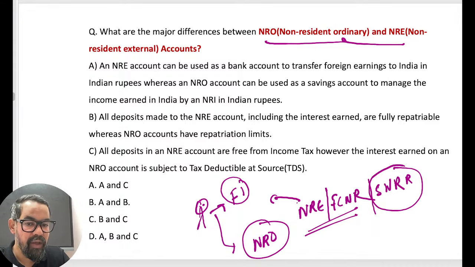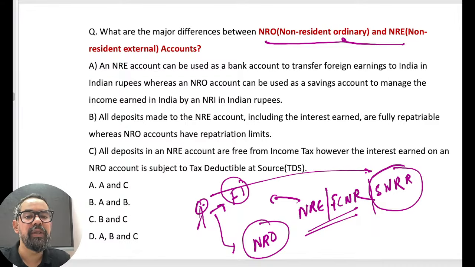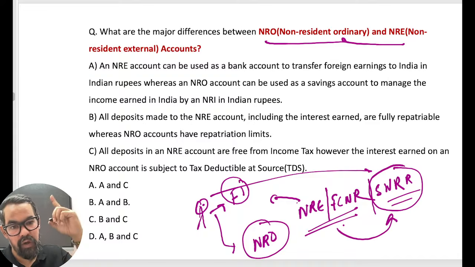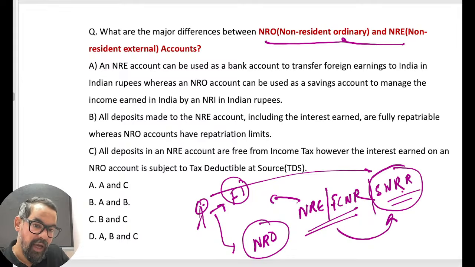SNRR is something when this NRI is running some business, अगर वो इंडिया में कोई बिजनेस रन कर रहा है, so for that sake. And one thing which is very important again, SNRR accounts or remittances toward these SNRR accounts can be only from these two, ठीक है, means from foreign sources. तो SNRR अकाउंट के अंदर जो पैसा ट्रांसफर होगा, वो NRE एंड FCNR से ही हो सकता है, ठीक है.